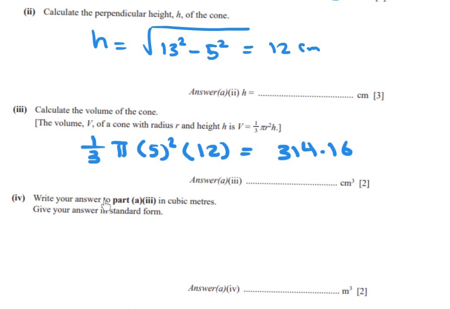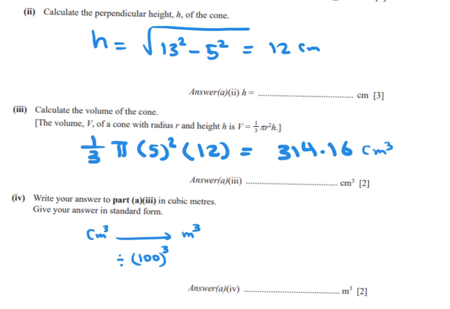Now write your answer to part A triple I in cubic meters. So this answer is 314.16 cubic centimeters. To convert from cubic centimeter to cubic meter, divide by 100 cubed, or divide by 1 million.